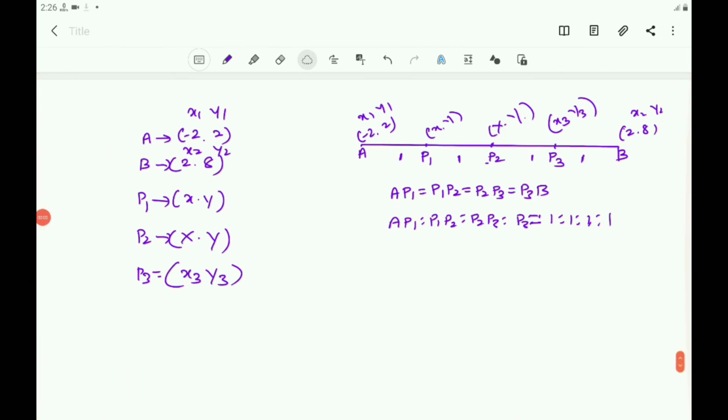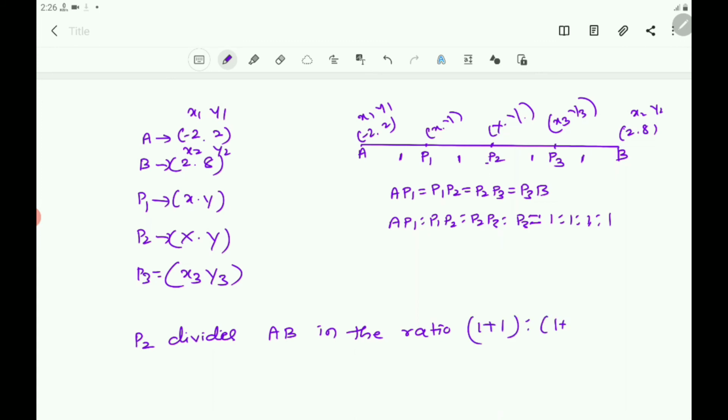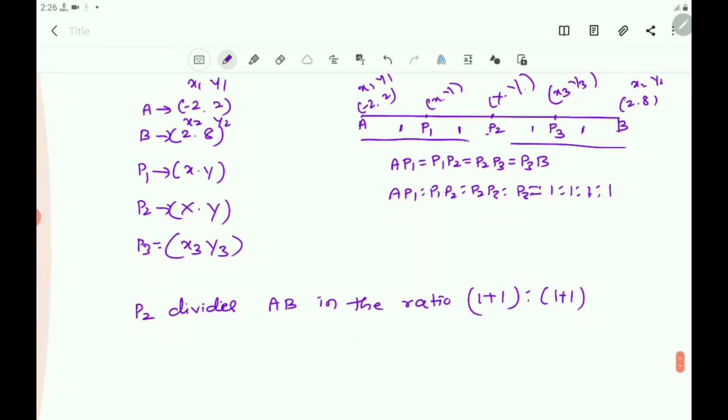Next for P2. So P2 divides AB in the ratio 1 plus 1 is to 1 plus 1.